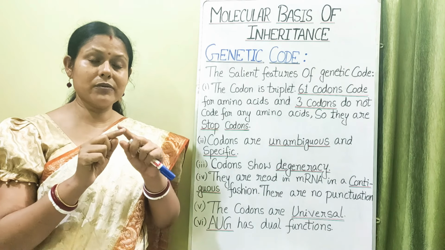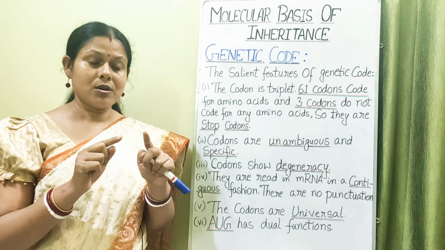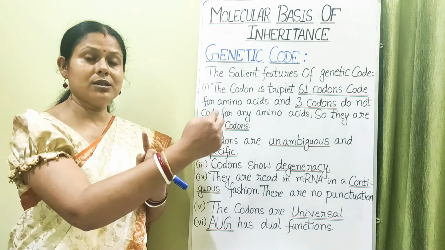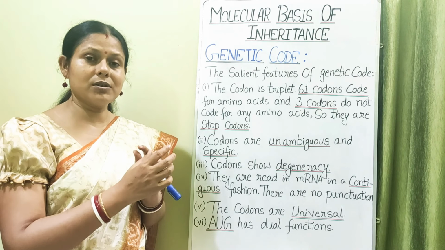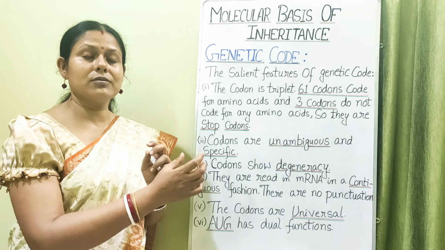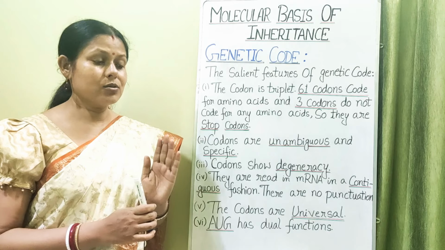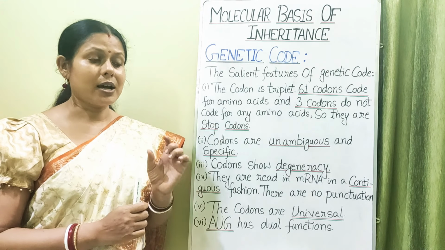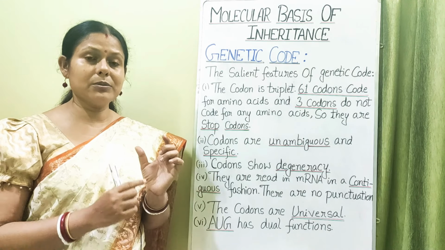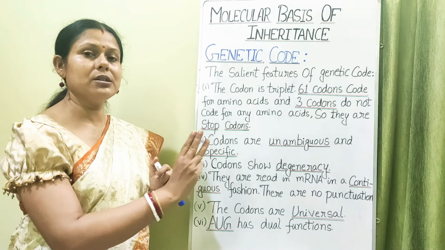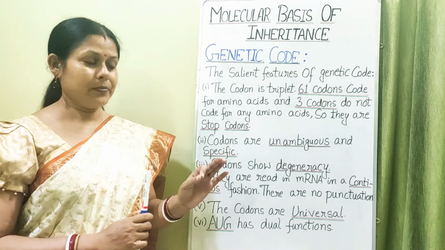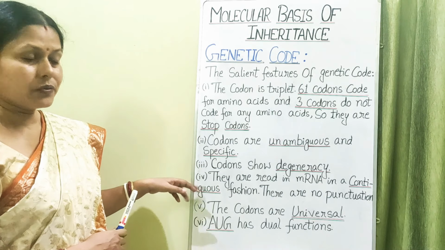A codon is a triplet, so there will always be 3 nitrogenous bases, 3, 3, 3, like this. It won't be like 2 of the first, next 3 of the second, and so on. No, it is always contiguous and always in triplet form. That means the reading frame will shift by 3 nucleotides in an mRNA. So that is the meaning of the 4th point.